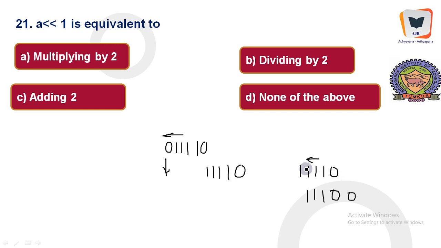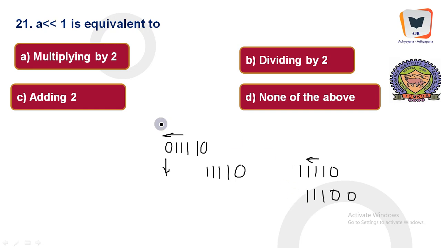The original value was 32. Now, when we do left shift, the value will be completely changed. It will never be equal to multiplication by 2.